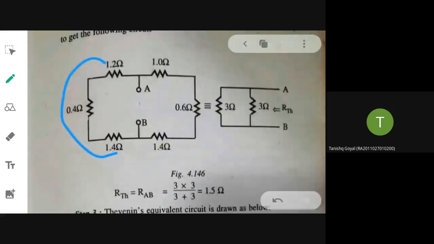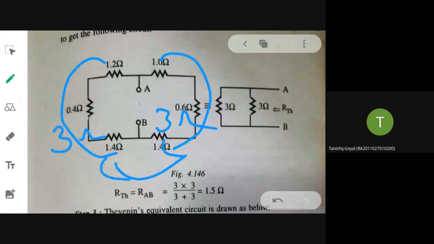The sum equivalent will be 3 ohm. Here also all are connected in series. Again, the sum will be equivalent to 3 ohm. Both are connected in parallel. So 3 ohm into 3 ohm, what is the answer? 3 by 1.5.